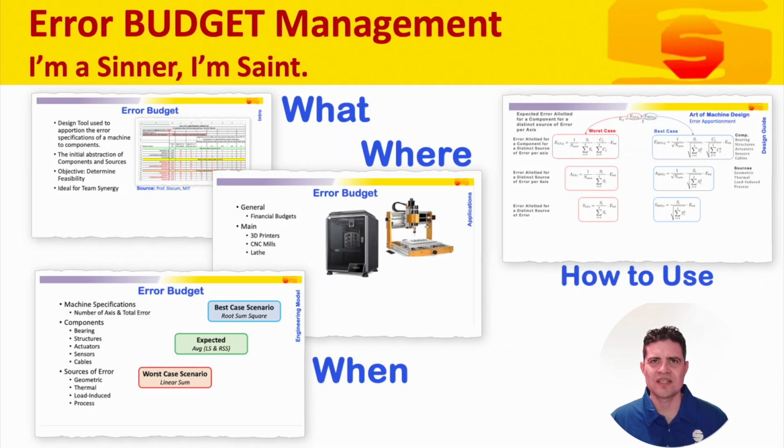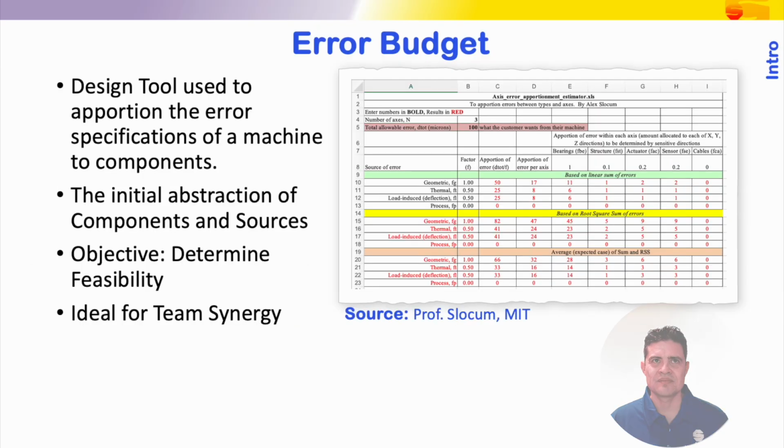Let's get started. This is the what, where, when, and how to use error apportionment. Error apportionment is a tool that is used very early on in the machine design process in order to start to size equipment and to understand where you can have a little bit more give or flexibility and where you need to be more strict.